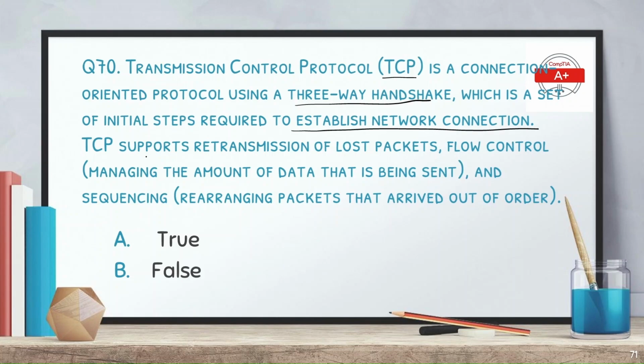To establish a network connection, TCP supports retransmission of lost packets, flow control, that is managing the amount of data that is being sent, and sequencing, that is rearranging packets that arrived out of order. So the question is whether this statement is true or false, and the correct option is true. Yes, this is basically the definition of TCP, or Transmission Control Protocol.